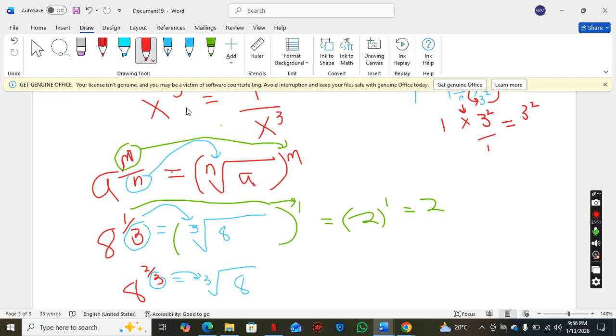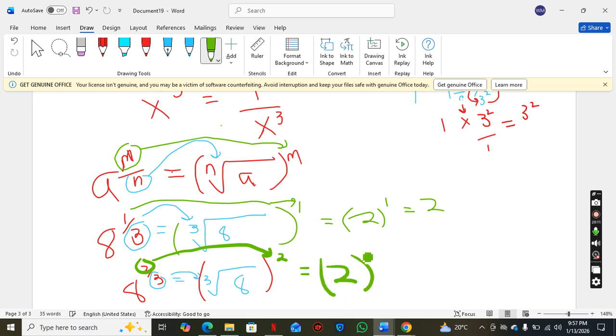Then after you get the cube root of 8, the numerator represents the power. So cube root of 8, squared. The cube root of 8 is 2. So you have 2 to the power 2. 2 to the power 2 equals 4. And that is your answer. Any questions?